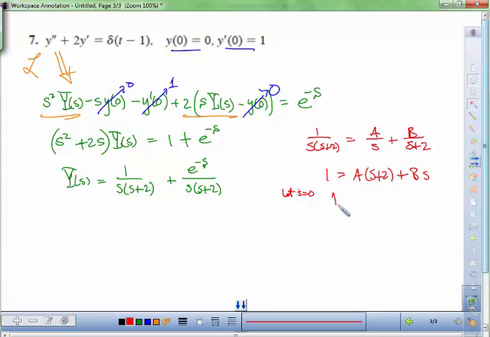We're going to get 1 is equal to 2A. And this is 0, so it goes away. And you get A is equal to 1/2. If you let s equal negative 2, you're going to get 1 is equal to negative 2. So A is gone, so this is minus 2B, and then B is equal to negative 1/2.